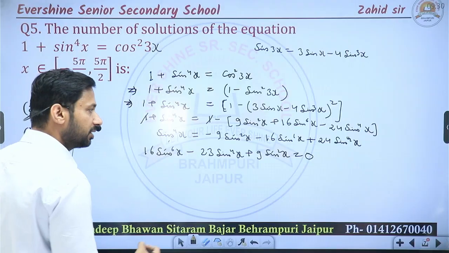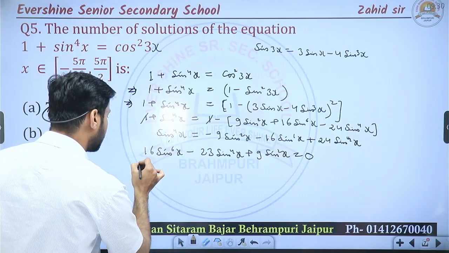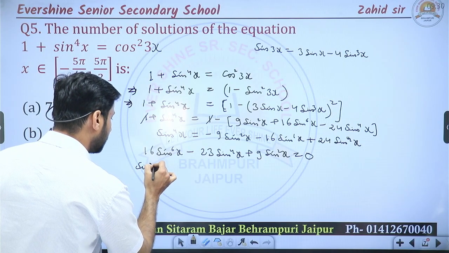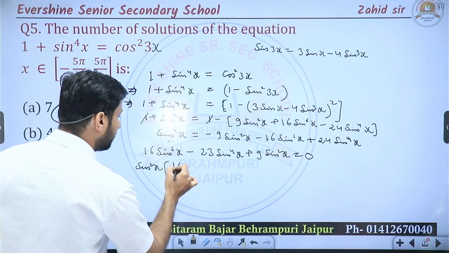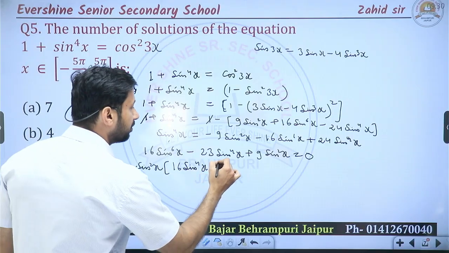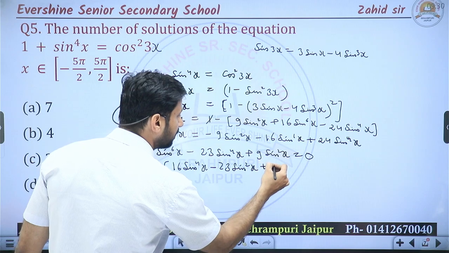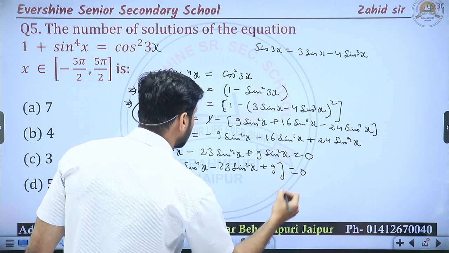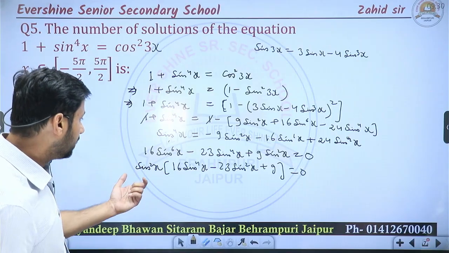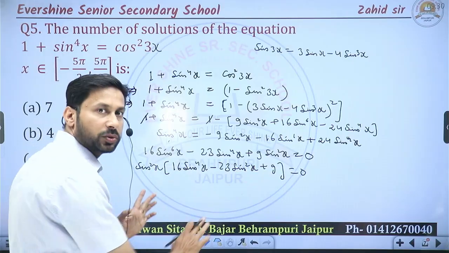Now I can take a common factor if it is possible. Yes, sin square x is the common factor. So it will be sin square x times (16 sin raised to the power 4x minus 23 sin square x plus 9). Now I have two conditions: either sin square x will be equal to 0 or this will be equal to 0.